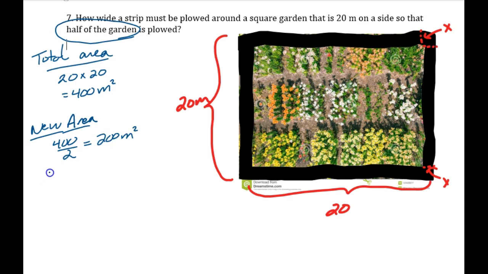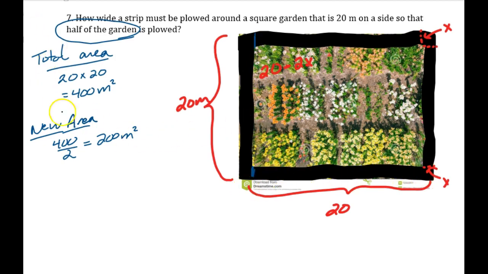So if we look at what we have, what would the dimensions of the new garden be? Well, it was 20, but then you took a strip away here, and you took one away there. So on the inside, it should be 20 minus those two sections you took off. 20 minus 2x. And because it's square, it has to be the same on both sides.